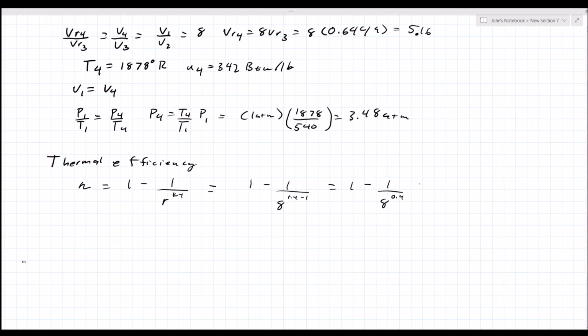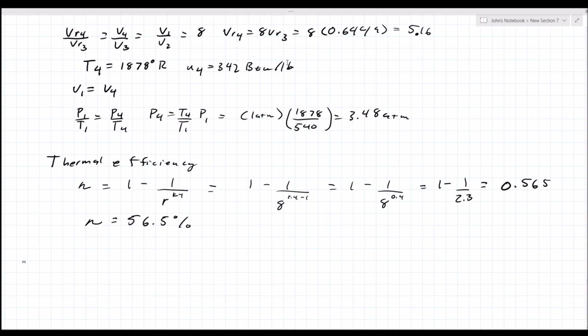So that's equal to 1 minus 1 over 2.3, which is equal to 0.565. So the efficiency of the cold air standard cycle is 56.5% efficient.